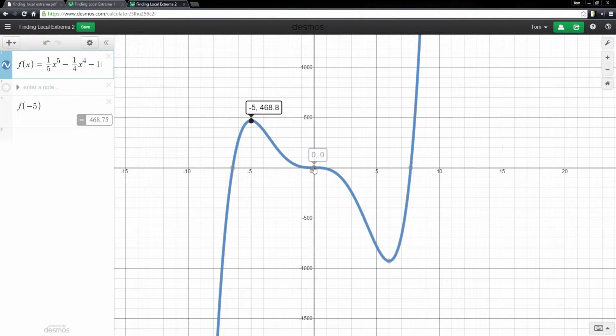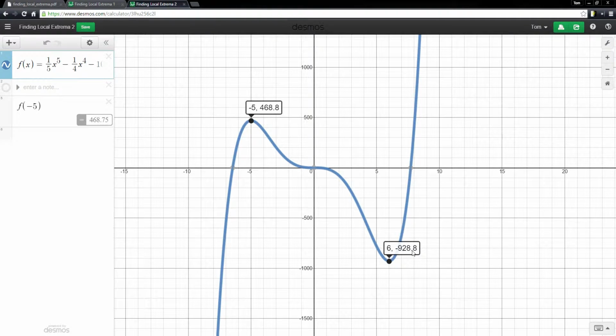And then at 0, we said there was no local max, no local min, and you can see that's definitely the case right here. It's decreasing, decreasing, and it just keeps decreasing there. So there's not a local max or a local min at 0. Then down here at 6, we can see that there is a local min, just like our analysis before told us there would be.